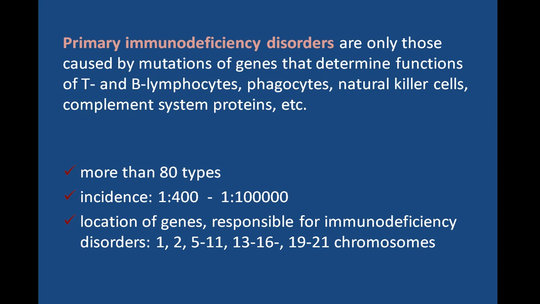Incidence is 1 in 400 to 1 in 100,000. The genes responsible for immunodeficiency disorders are located on chromosomes 1 to 5, 11, 13 to 16, and 19 to 21.